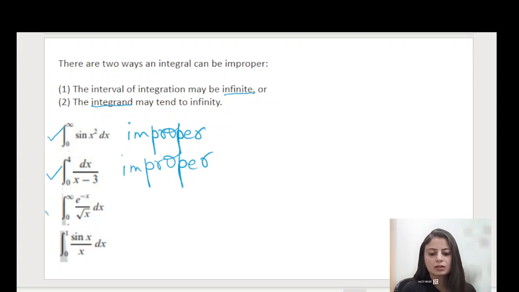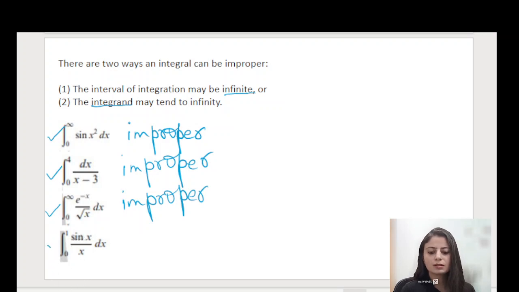Now consider this integral. Over here, we have infinite interval 0 to infinity. Also, this function has infinite discontinuity at x equals 0. Therefore, this is also an improper integral. So both these conditions are satisfied in this integral.